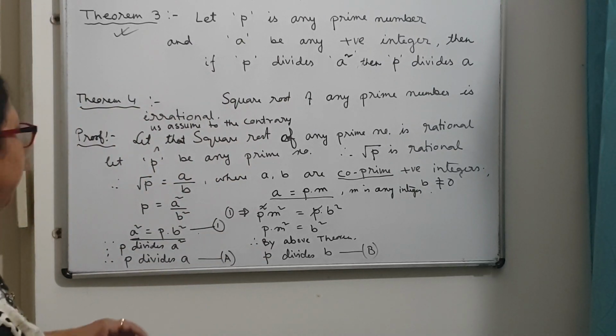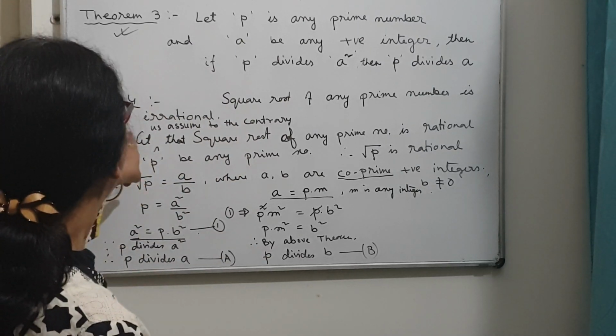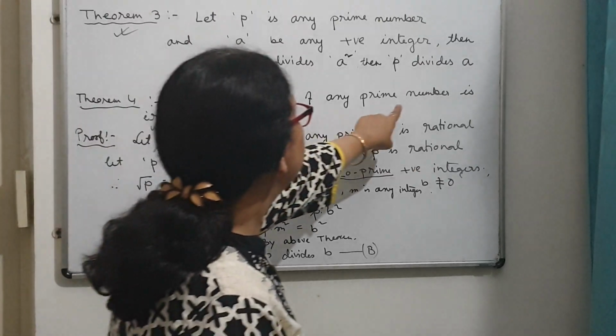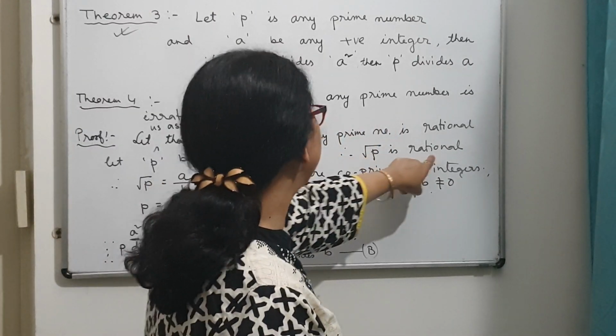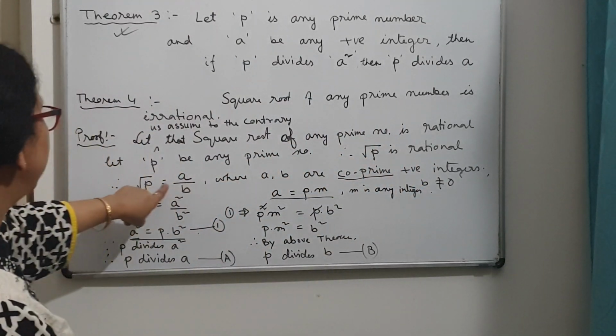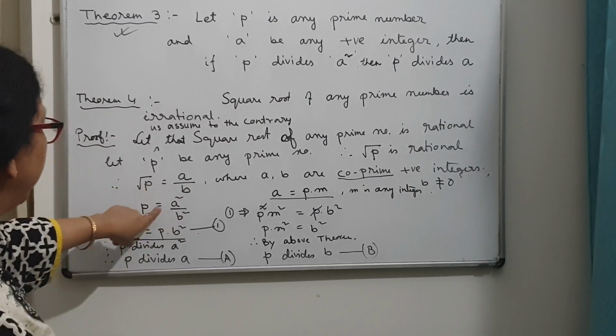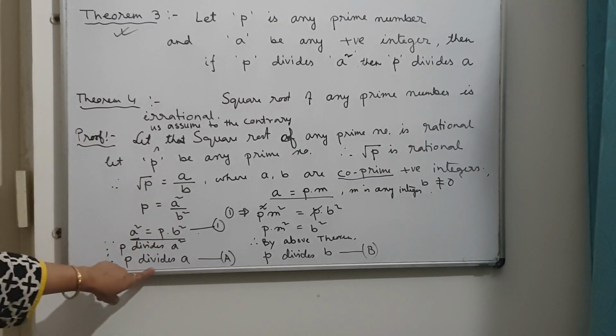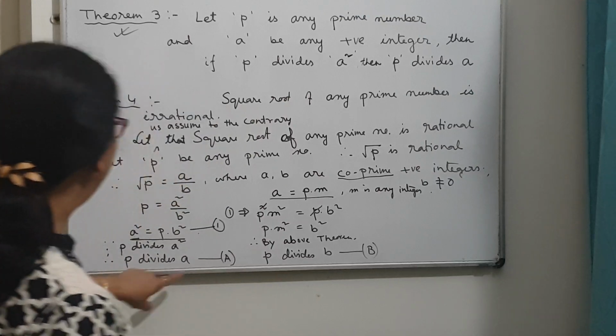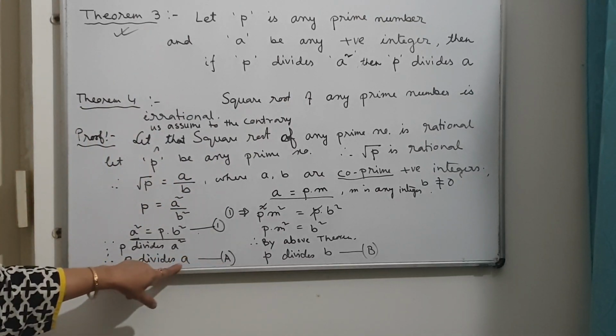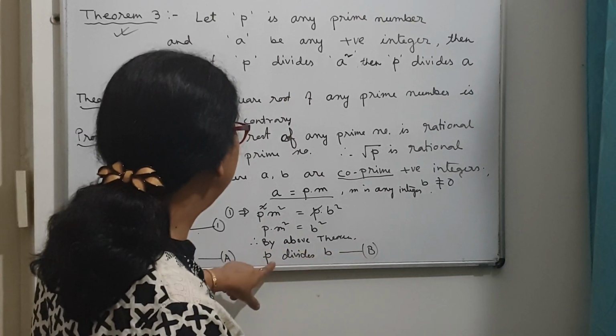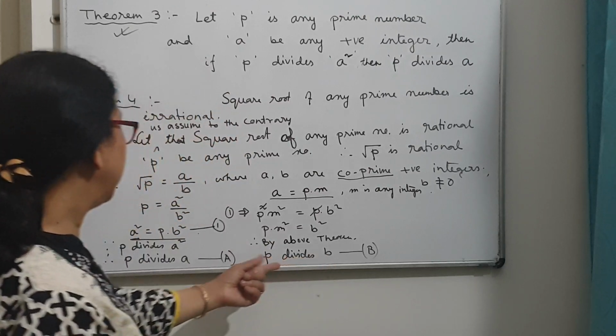So you see, starting with the assumption that root p is rational, and then with the definition of a rational number and some algebraic process, we are getting two conclusions. First, p divides a, and the other conclusion, p divides b. So what does it mean for a and b?